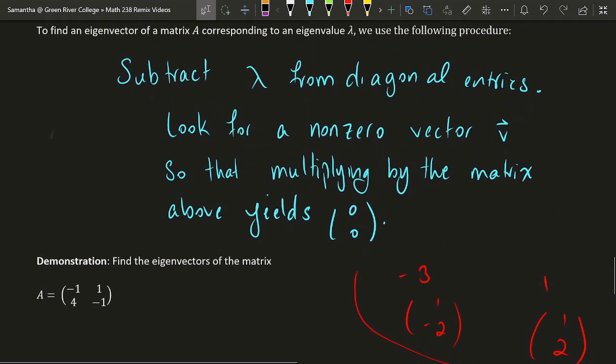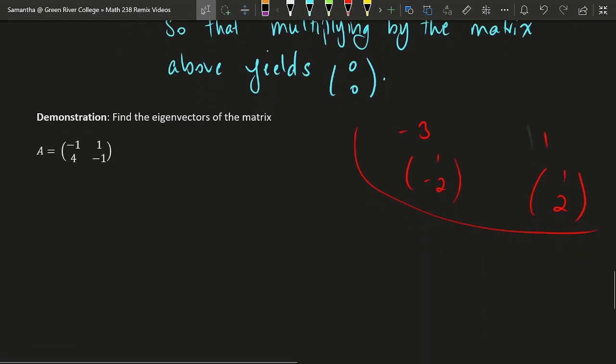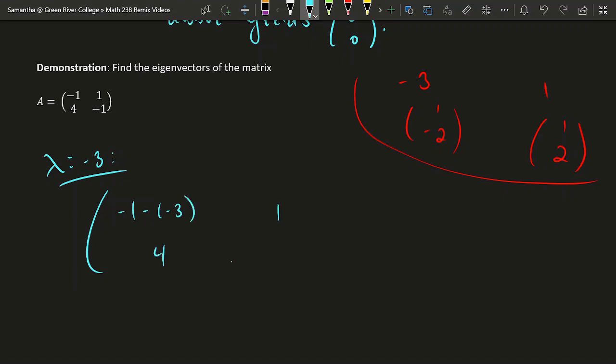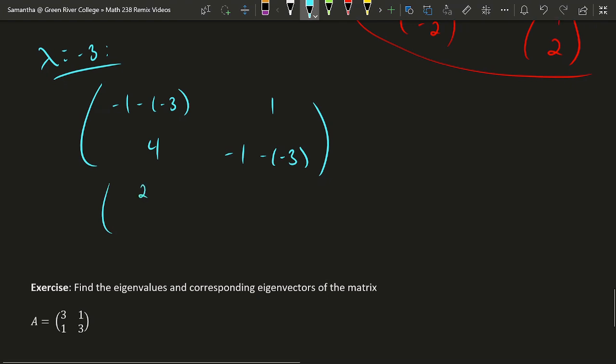So to find the eigenvector corresponding to -3, the procedure suggests that I start by subtracting -3 from the diagonal entries. So in the matrix A, I'm going to take -1 minus -3. So -1 plus 3 is 2, then 1 and 4, and then 2.